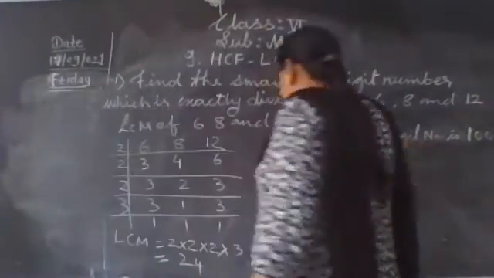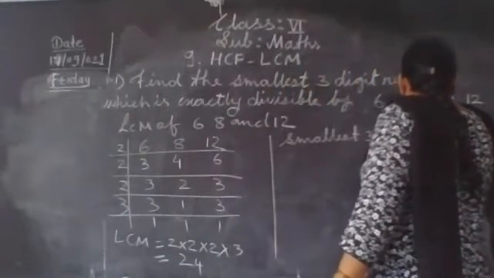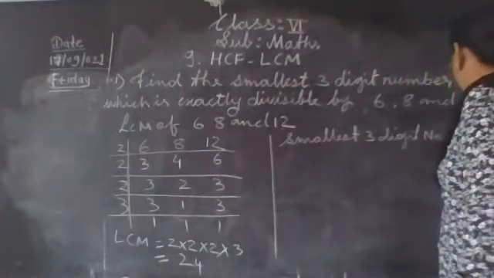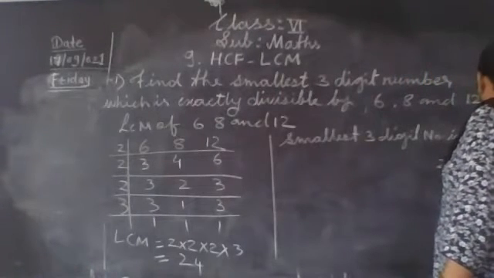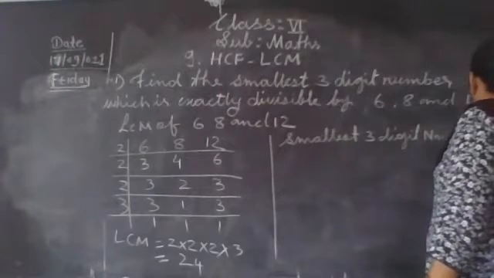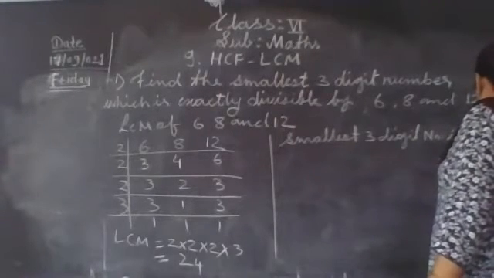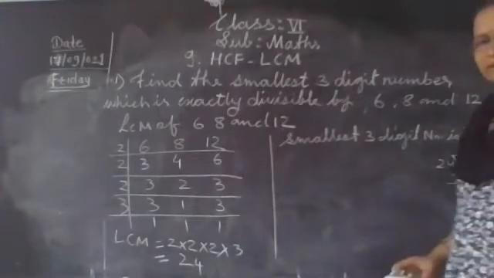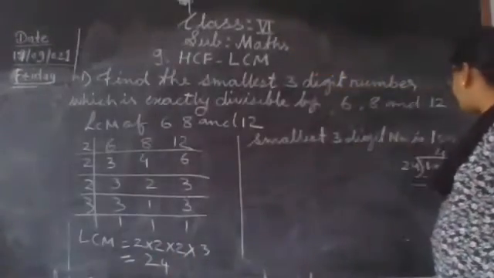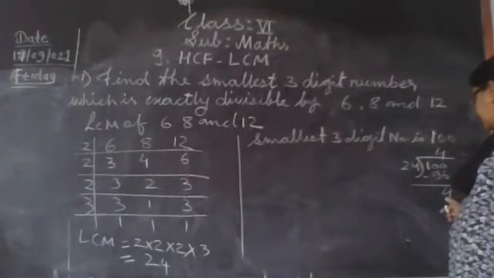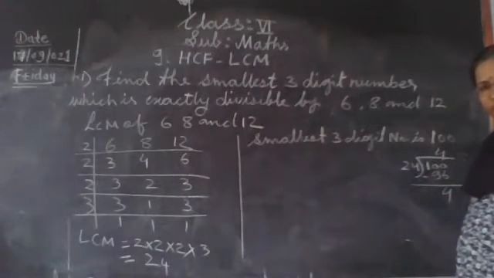So here we will divide this 100 by 24. 24 fours are 96, and 4 is left. Got it, beta? So when you divide the smallest three-digit number 100 by the LCM of 6, 8 and 12, you get remainder 4.